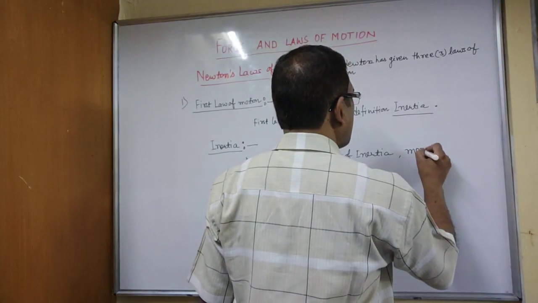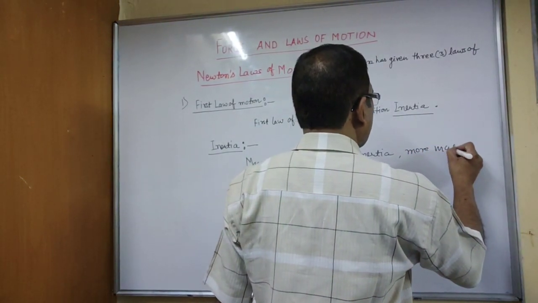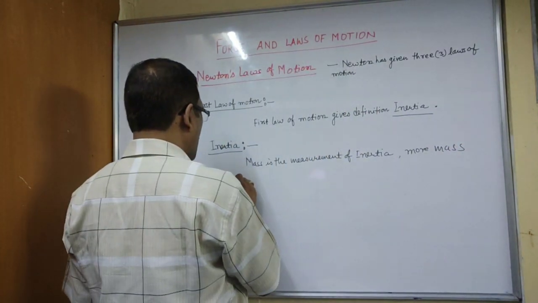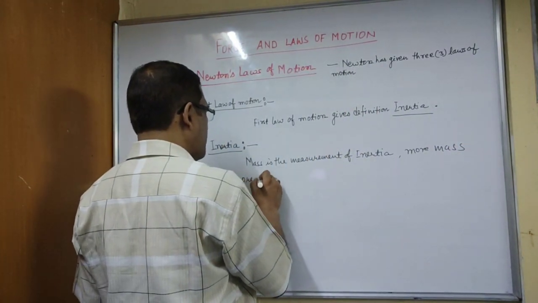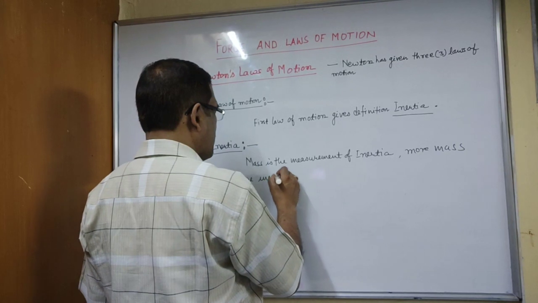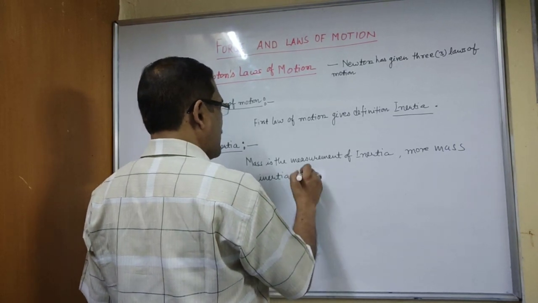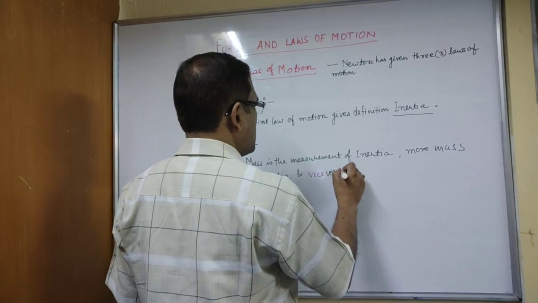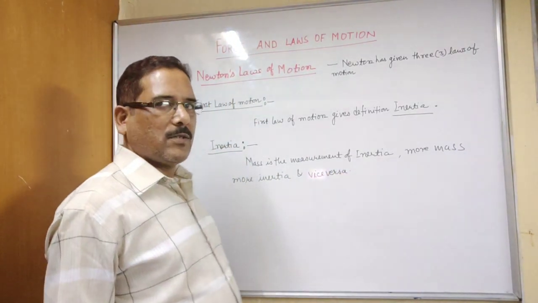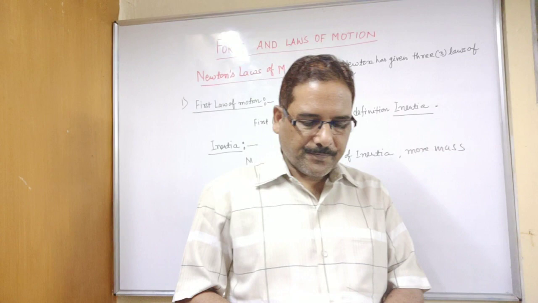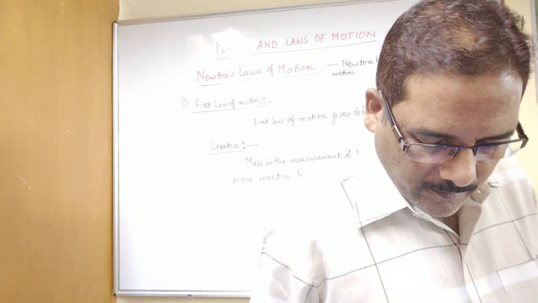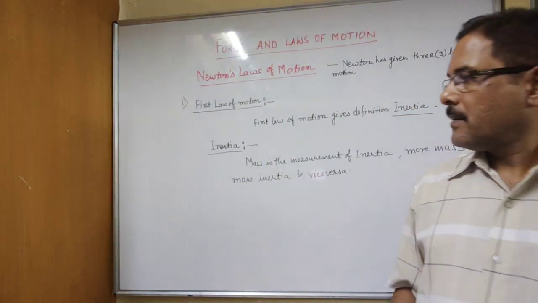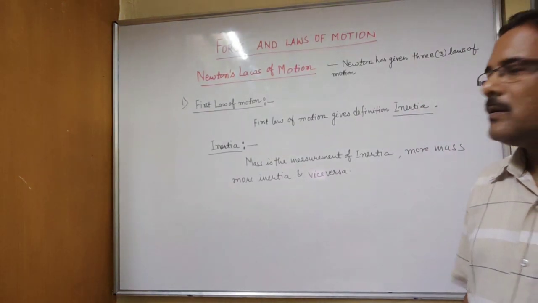More mass, more inertia, and vice versa. It means if mass is less, inertia is also less. Understood?